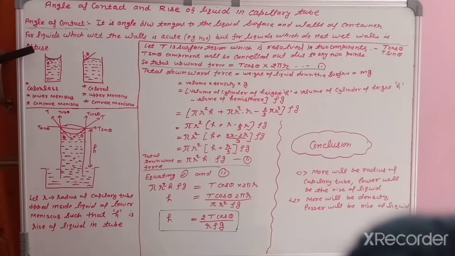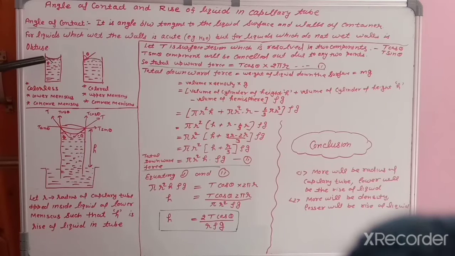Lower meniscus means you will see the surface of that liquid in this shape, in the downward direction. We also call this downward direction a concave meniscus. Meniscus is the word we use for this surface. We call it lower meniscus or concave meniscus.